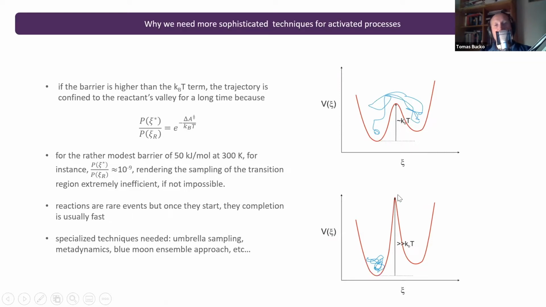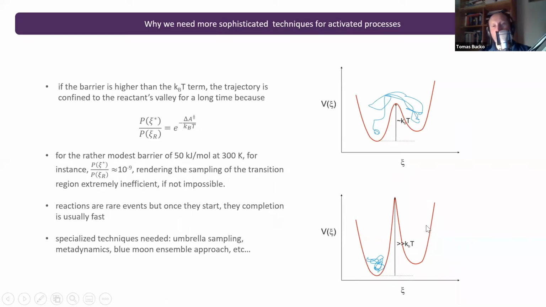So this state is many orders of magnitude less likely to be generated than this state. The practical consequence is that when you start molecular dynamics in a stable state here, you will be locked there for all time. I mean, probably for your lifetime, right? That's why reactions are said to be rare events at the scale of computer simulation.